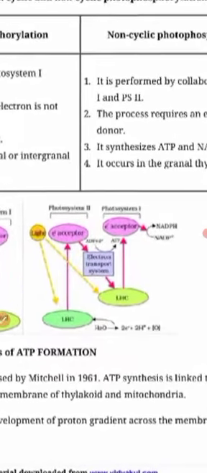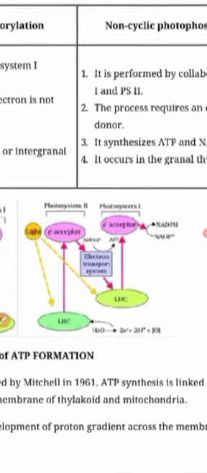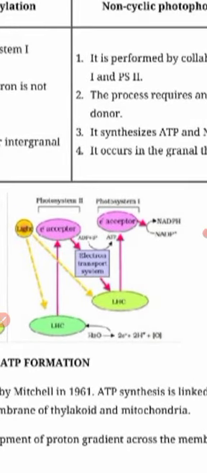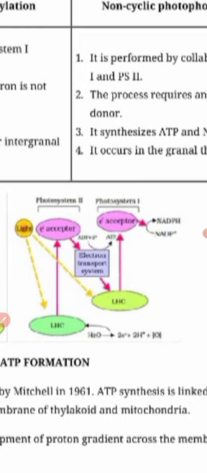My dear students, you are looking here at two photosystems, photosystem 1 and photosystem 2. These two photosystems are found in the granum or grana, but photosystem 2 is absent in the stroma where the dark reaction takes place.